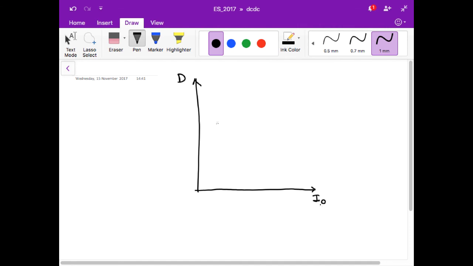The plot of D as a function of the output current at the boundary from continuous and discontinuous conduction was like this. It is something that we have already derived. So this was continuous conduction. And this was discontinuous conduction.